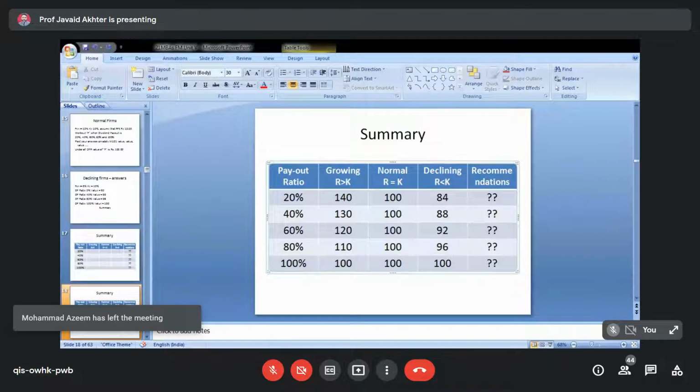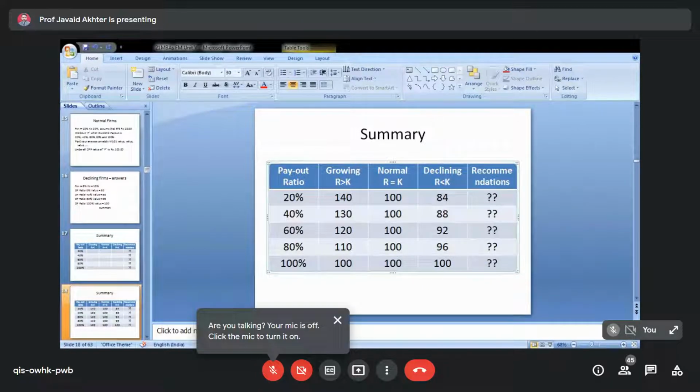Then what will happen? Now I'm providing you the answer for all the firms, starting with growing firms. If the company pays 100% and it meets the expectations of those who are expecting 100%, they will stay. If the company pays 60%, all those people belonging to the category of expecting 60% will be happy and will stay.